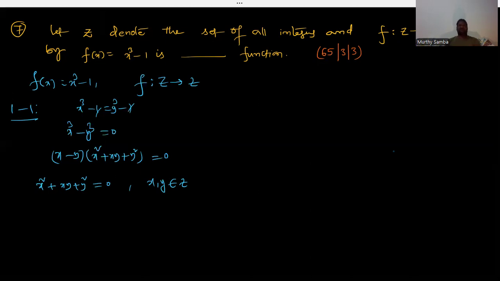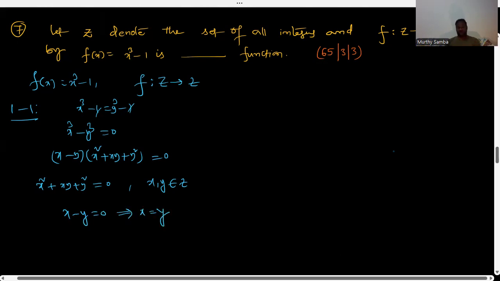And coming to the xy value under the set of integers, x square plus y square is always greater than x into y. So therefore, it is not possible. Therefore, the second condition is not possible. Since the second condition is not possible, what is the first condition? x minus y equal to 0, x is equal to y. Yes, therefore f of x equal to f of y gives x equal to y. Therefore, it is a one-to-one function.